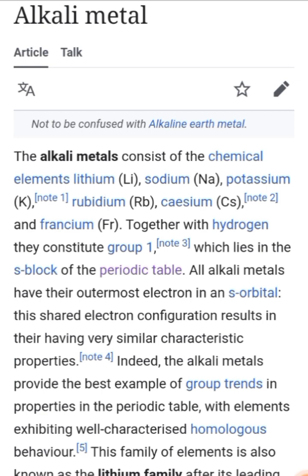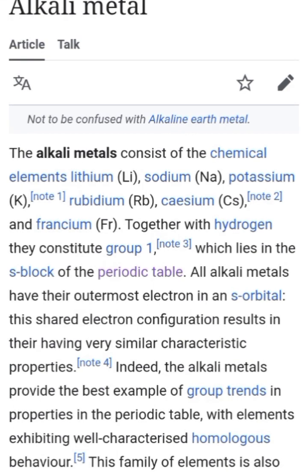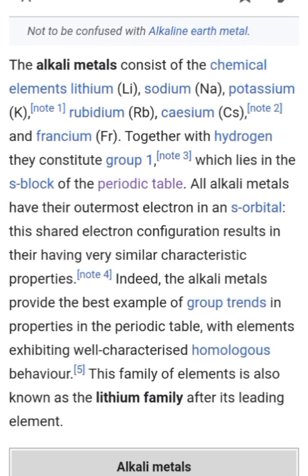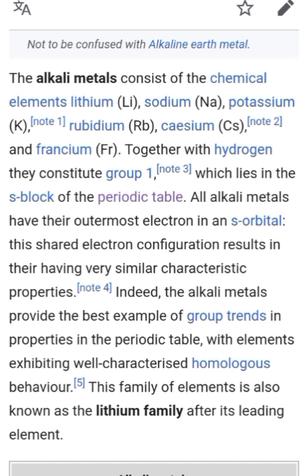Group 1 are called alkali metals, which consist of the chemical elements lithium, sodium, potassium, rubidium, cesium, and francium, together with hydrogen. The reason hydrogen was not listed with them at first is that hydrogen is not an alkali metal. Hydrogen has similar properties to a metal, but it's not a metal itself, it's a non-metal.